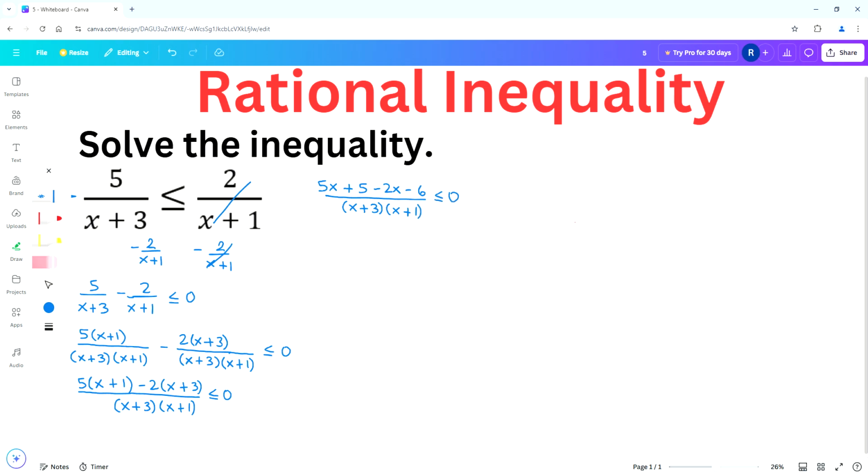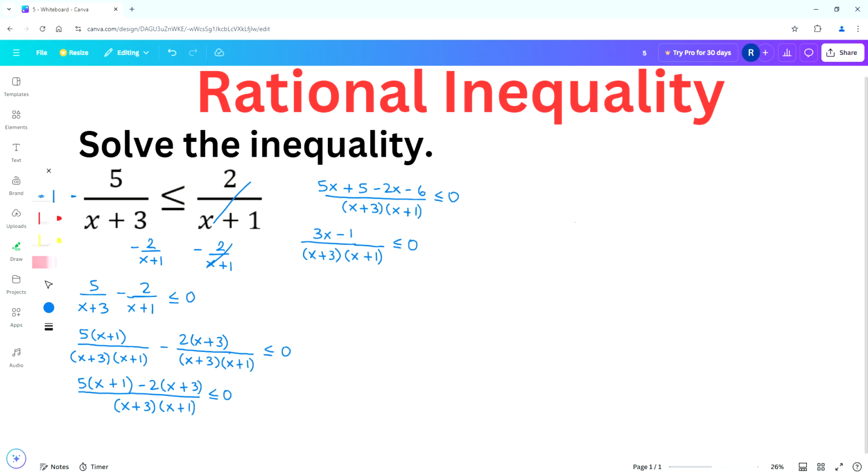Next, we can combine the like terms in the numerator. 5x minus 2x is equal to 3x. 5 minus 6 is equal to negative 1. We have to find the x values that satisfy this inequality.